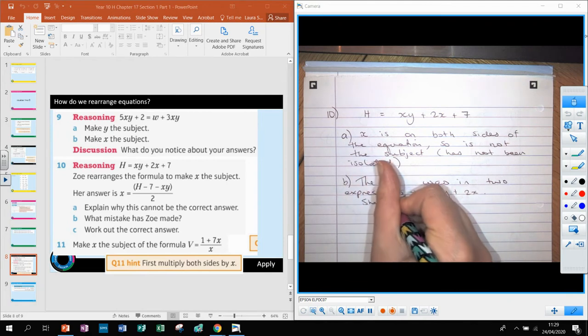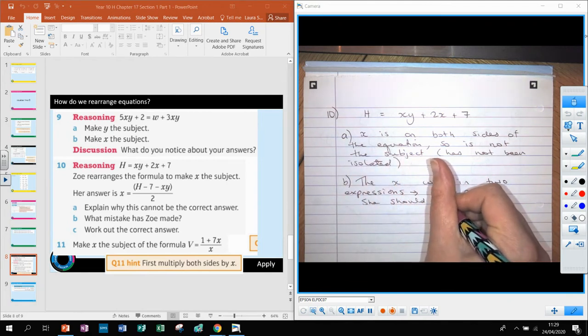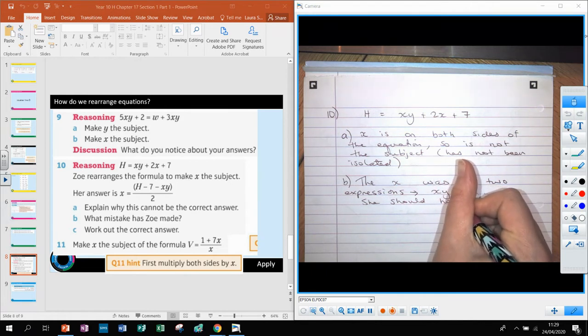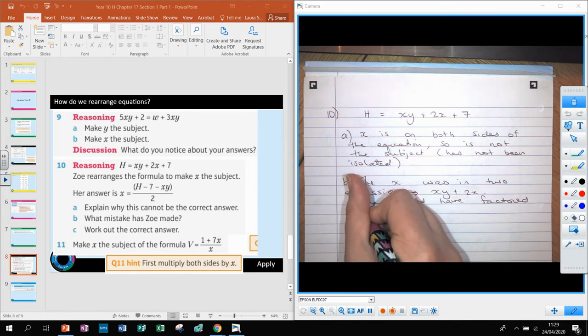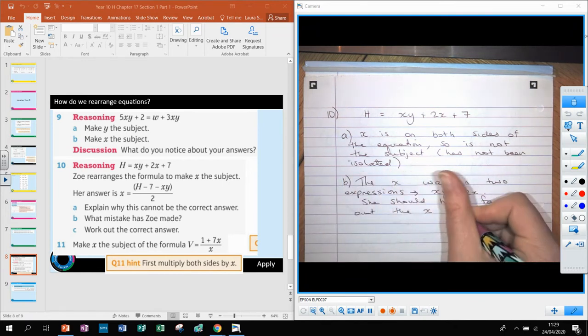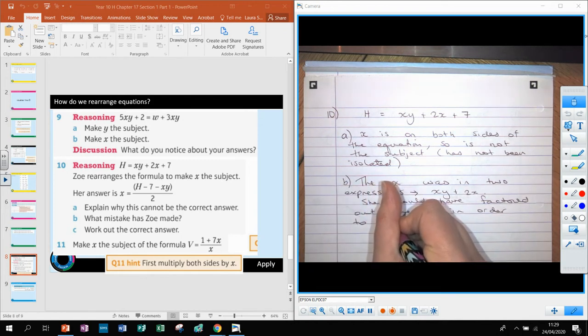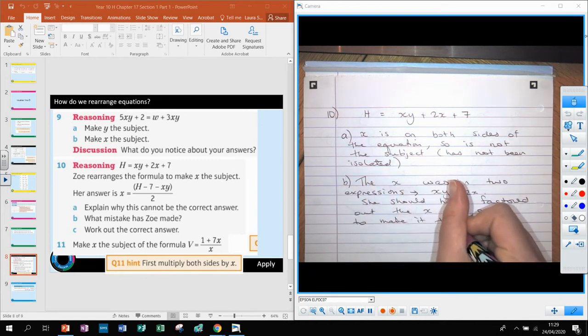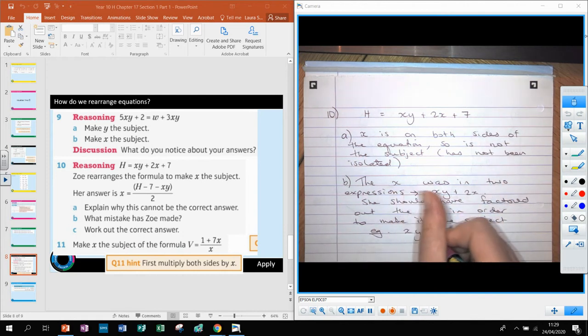So she should have factored out the x in order to make it the subject. E.g., xy plus 2x is equal to x times y plus 2.